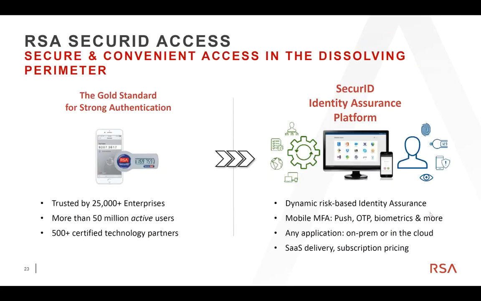And now, just to summarize what we spoke about, we have the gold standard and the old school for authentication, which is software and hardware token. It's also trusted by, I think, more than 30,000 now, not only 25. And we are handling a lot of active users, more than 50 million active users around the world.